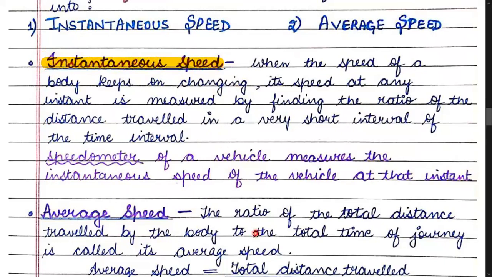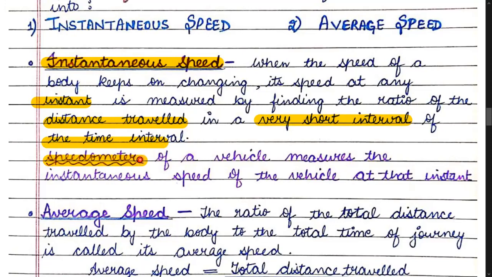When the speed of a body keeps on changing, its speed at any instant, at any moment, is measured by finding the ratio of distance traveled in a very short interval of time. Children, you must have seen a speedometer in front of the vehicle.